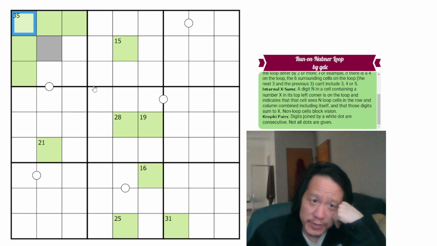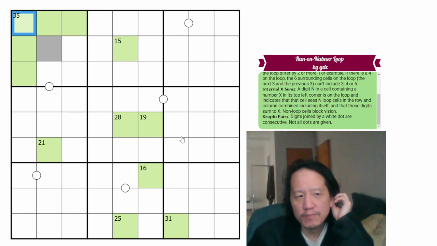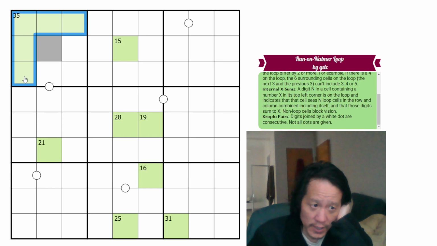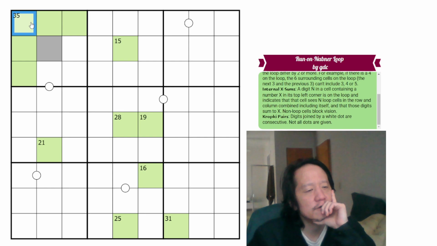So this has to be at least 5, because the most you can have is 5 digits. We know it's 5 digits here, adding up to 5, 6, 7, 8, and 9. We know the loop cannot go through here. Oh, but it can't be 5.